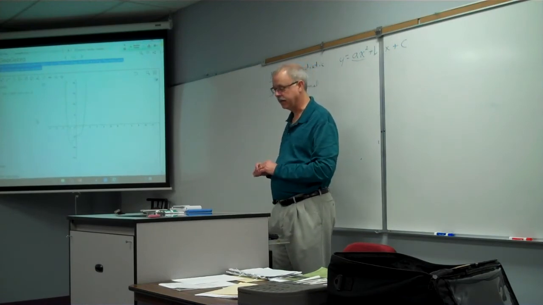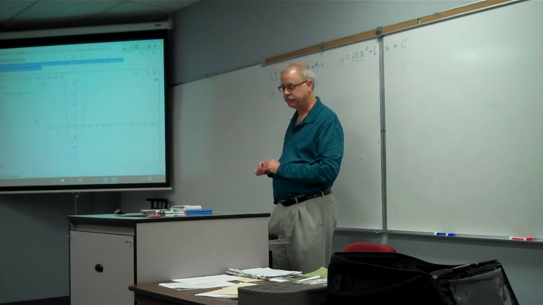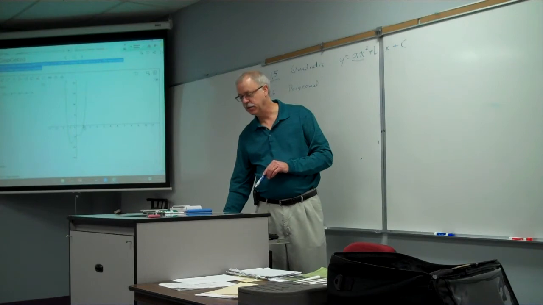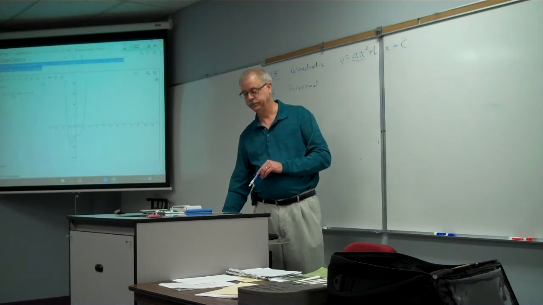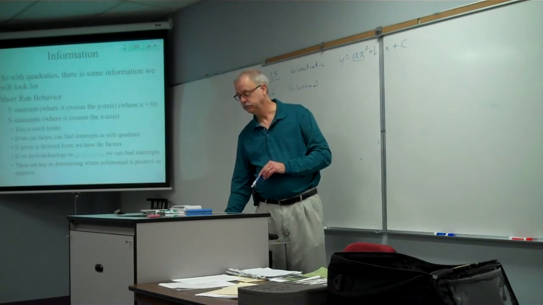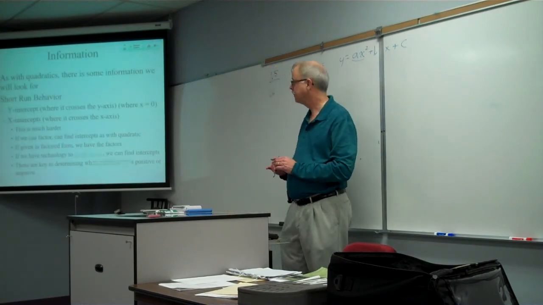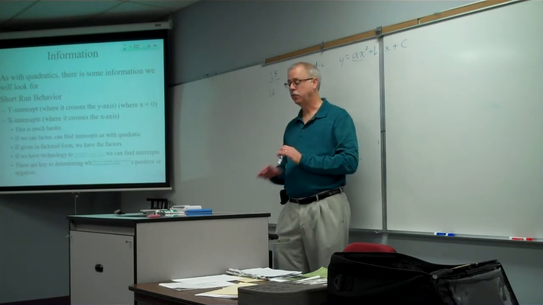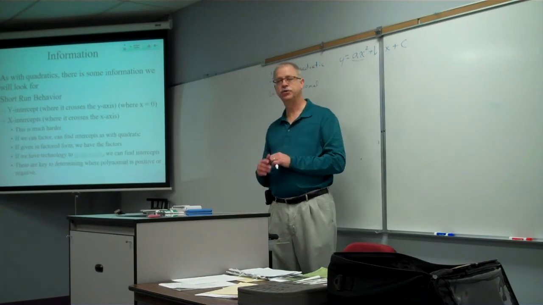In fact, as we look at this, it looks like at 1 we might have a 0, but it's not exactly at 1. 6 minus 5 plus 3 minus 5 is not 0. So it's much harder to analyze. But if it's given to us in factored form, well, we can definitely figure out where the zeros would be.